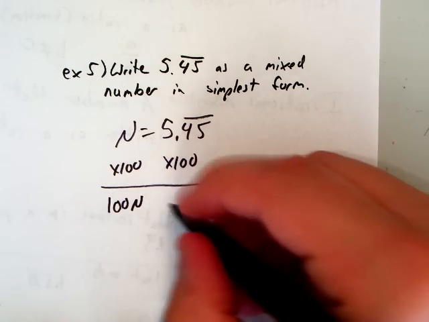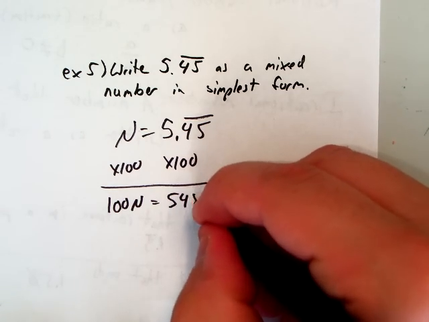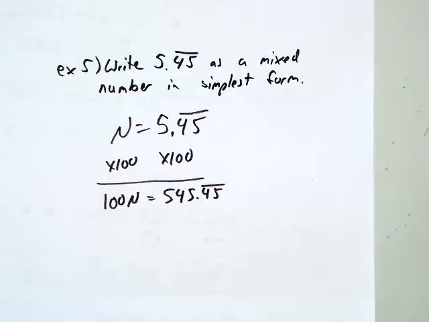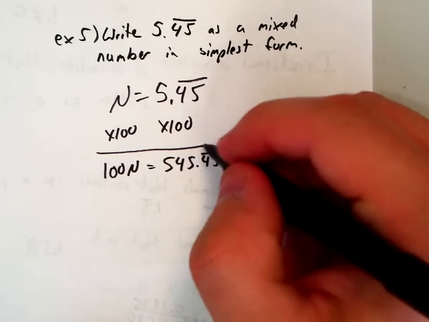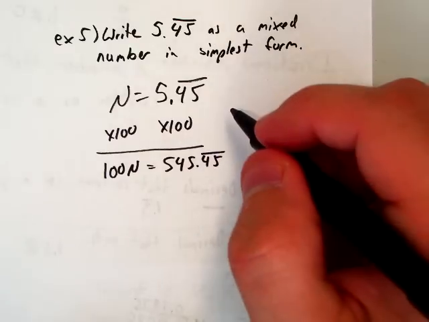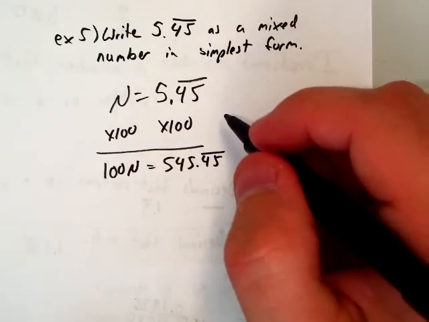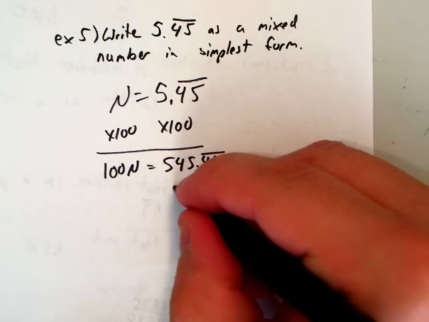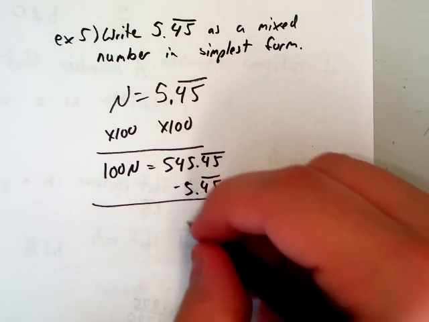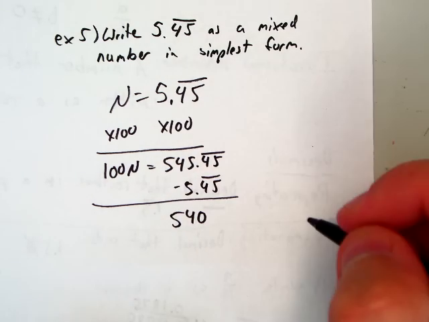So I have 100n equals 545.45 repeating. Next thing I'm going to do is I want this repeating part gone, so I'm going to subtract the repeating part from it. So I'm left with just 540.